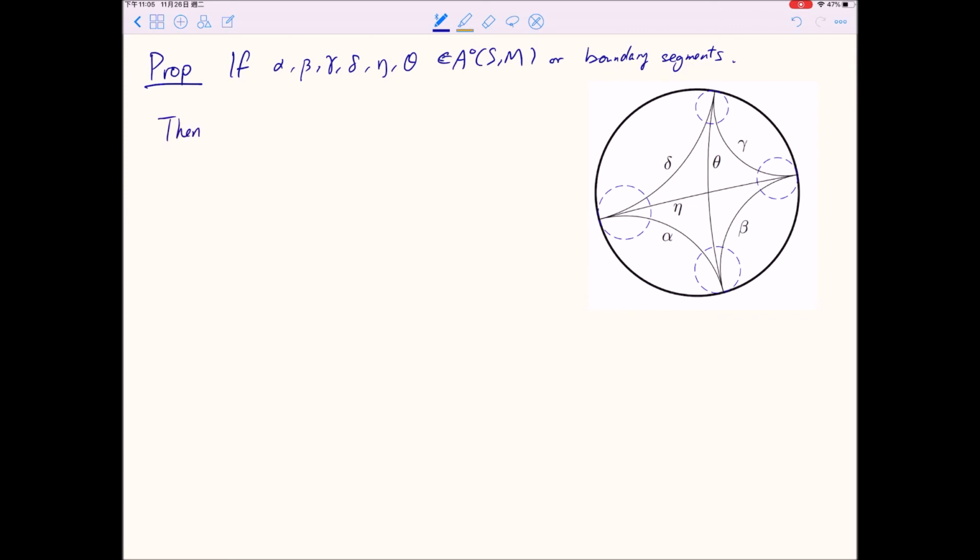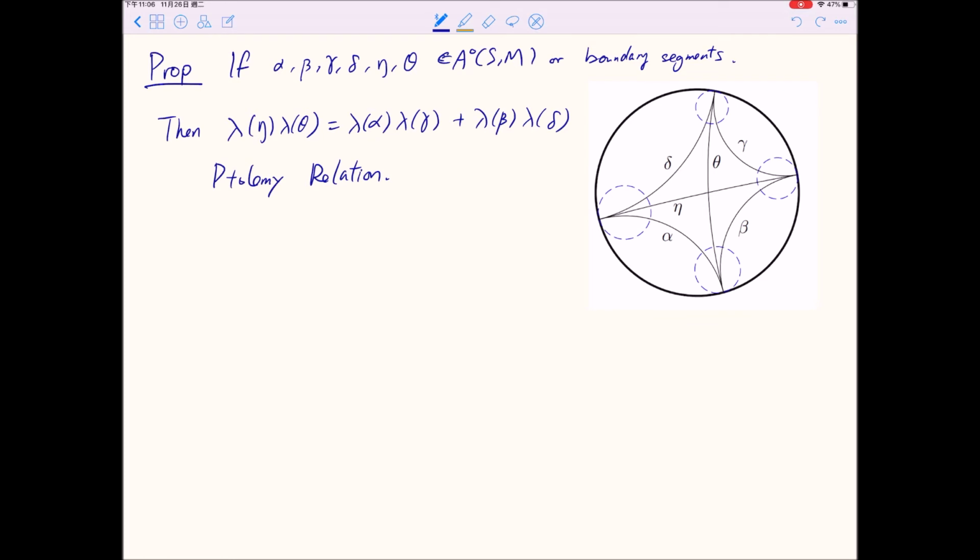Then we have the Ptolemy relation given by exactly the same formula. So again, remember that this lambda length depends on the choice of the radius of these horocycles. But no matter what radius you start from, this relation still holds.